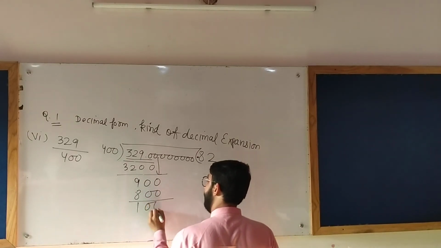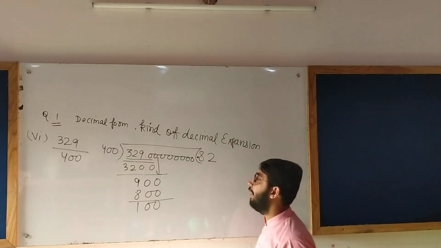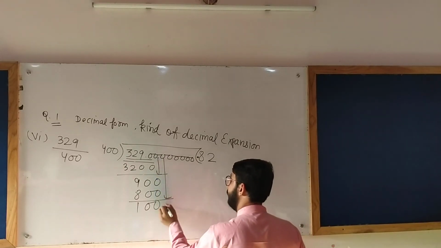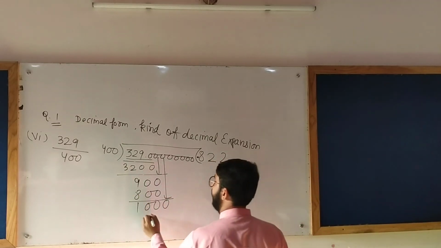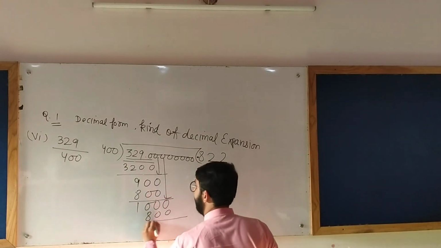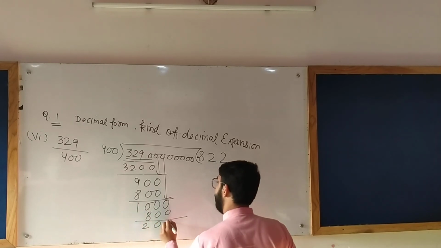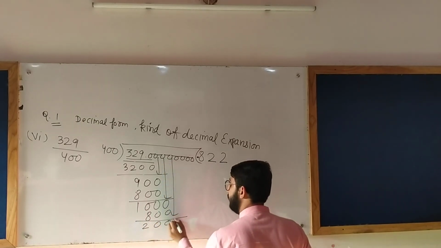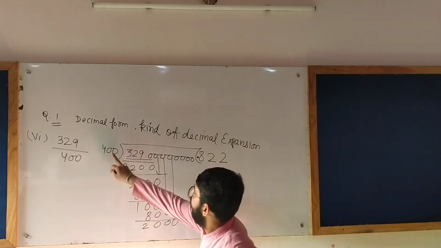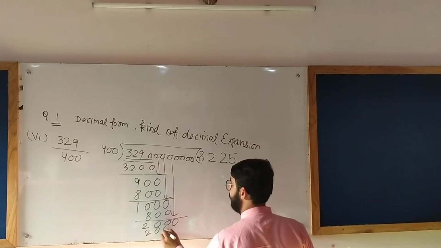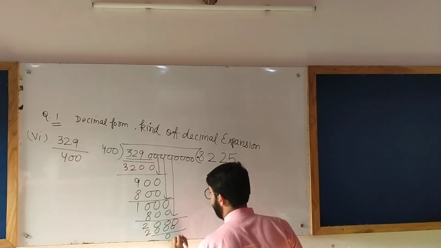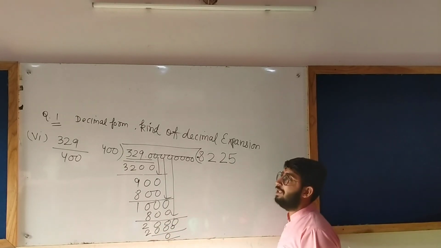What will be the remainder? Remainder will be 100. Now take one more 0. Now 400 again. 400 twos are 800. What will be the remainder? Remainder will be 200. Take 0. Now 400 fives are 2000. Here the remainder is 0.